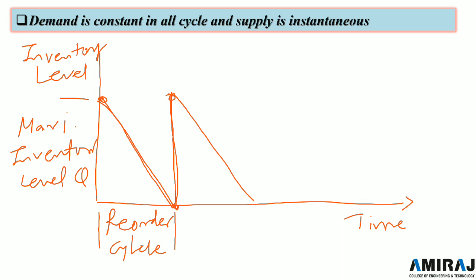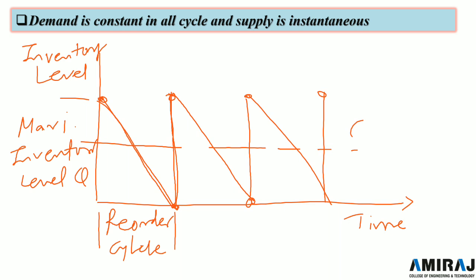Again we use the inventory and we have the instant supply. So the graph will look like this. The half, Q by 2, is called the average inventory level.